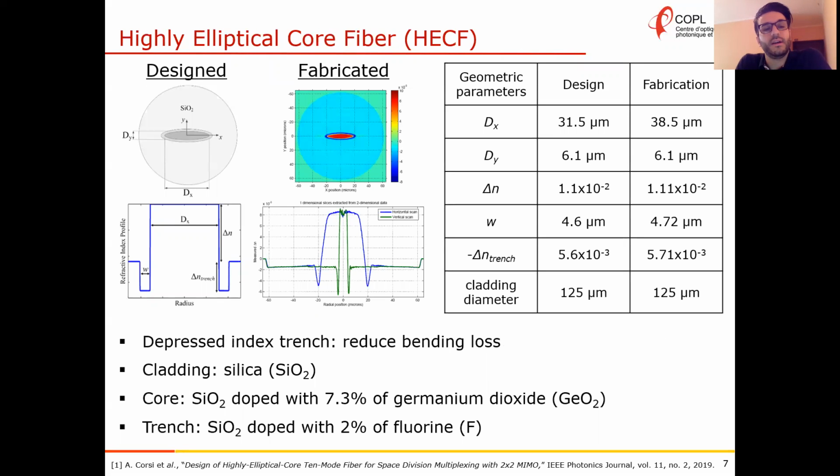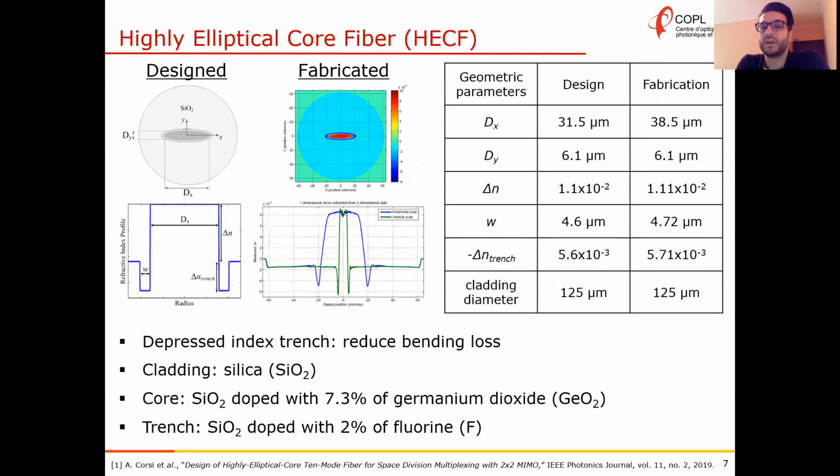So here we can see the fiber design, which is composed of a highly elliptical core, which gives the name to the fiber. And we have also a depressed index trench to reduce the bending loss. In the figure, we can see the comparison between the designed and fabricated fiber and the refractive index difference.